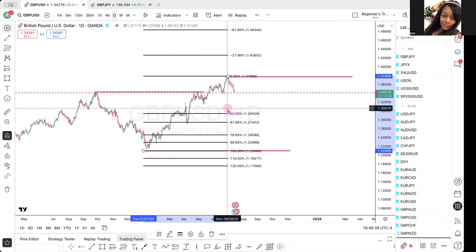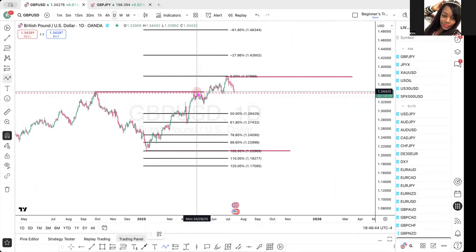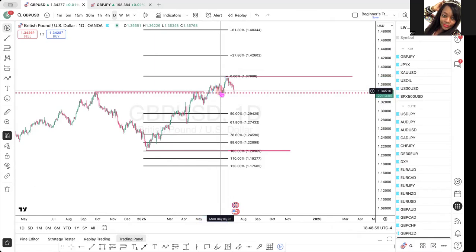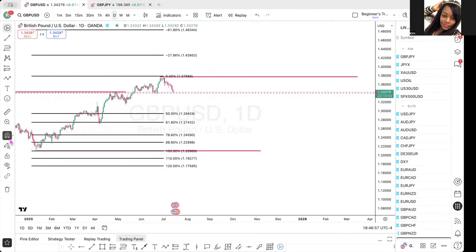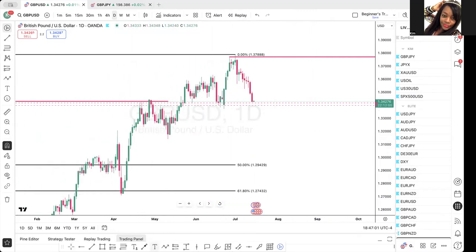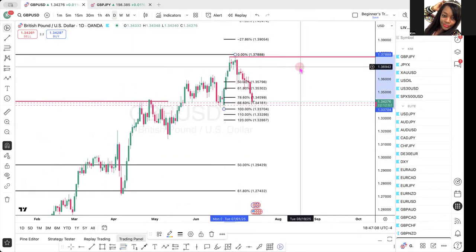Now, we also have these internal swings, right? I'm just going to start from here. You have this swing, this swing, this swing, and this swing. All right. So you can fib the last swing from wick to wick.